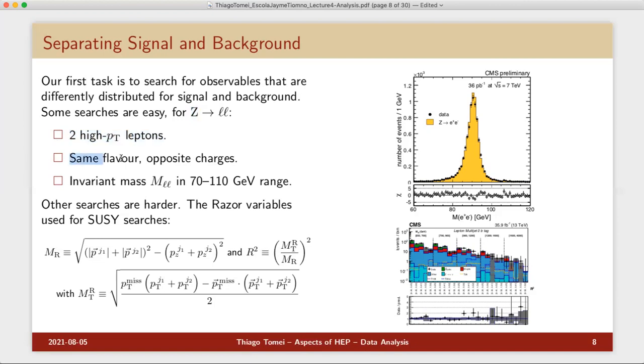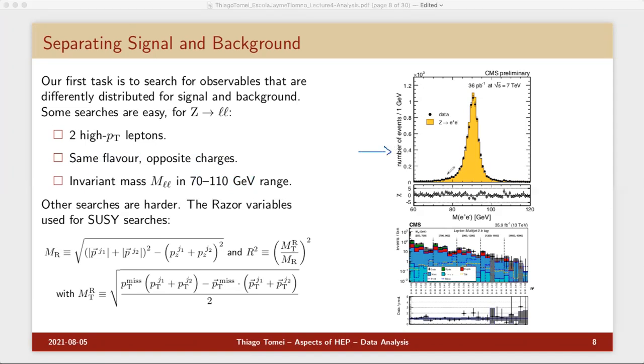They will have the same flavor. So either 2 electrons or 2 muons or 2 taus. The Z is neutral, so they have to be opposite charge. And you know that the Z mass is something like 91 GeV. So you can search for events where the invariant mass of the two leptons is around this range. And this is enough. Z is extremely pure.